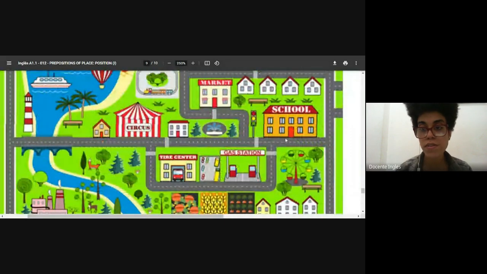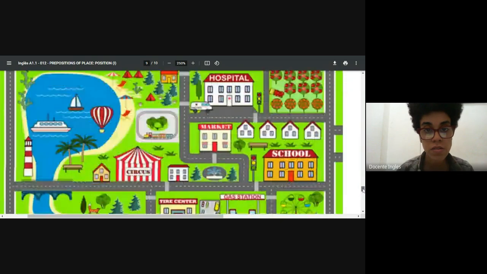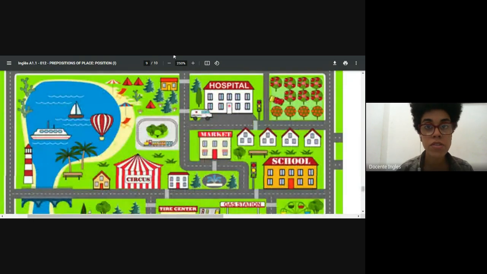So the school is in front of the houses. All right, the school is in front of the houses. Let's see what else we can do. The circus.